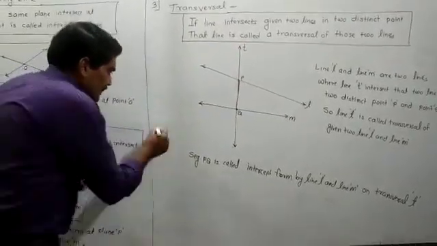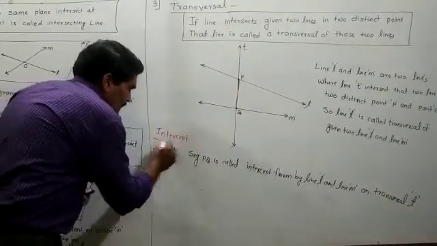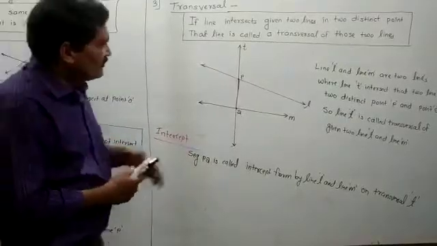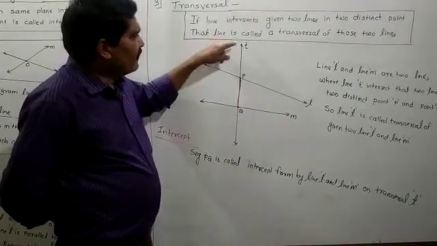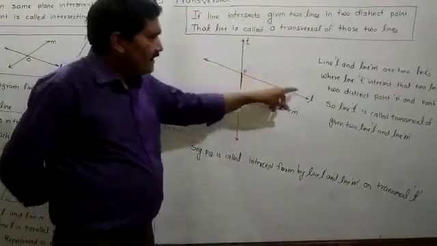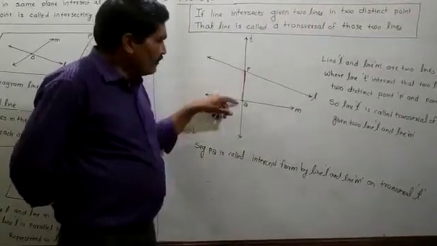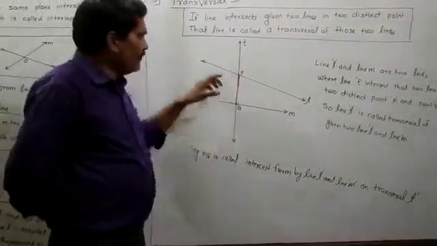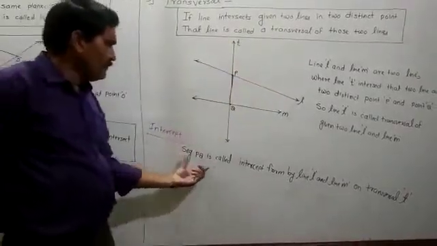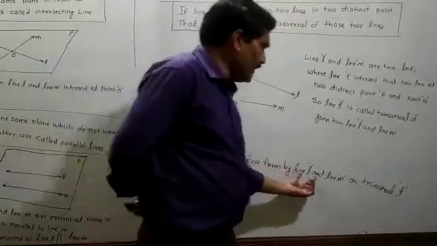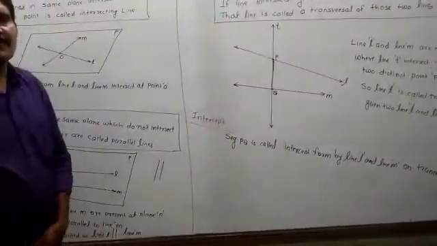I will write the next concept, intercept. Intercept means this PQ is called the intercept. Why is PQ called the intercept? Because line T intersects line L and line M in two distinct points P and Q. This segment PQ is called the intercept formed by line L and line M on transversal T. So I will write: segment PQ is called the intercept formed by line L and line M on transversal T. These are some concepts of geometry.